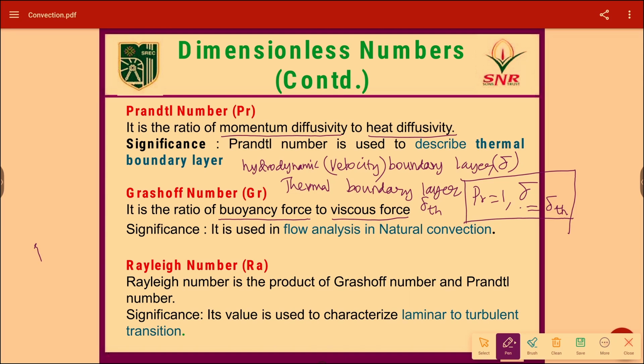The next number used in free convection is the Rayleigh number, which is the product of the Grashof number and Prandtl number. I can say Ra is equal to Grashof number into Prandtl number. This is again used to identify whether the flow is laminar or turbulent in the case of free convection.